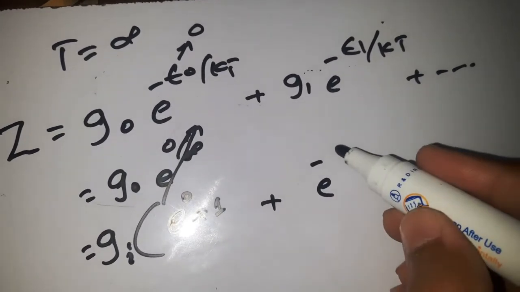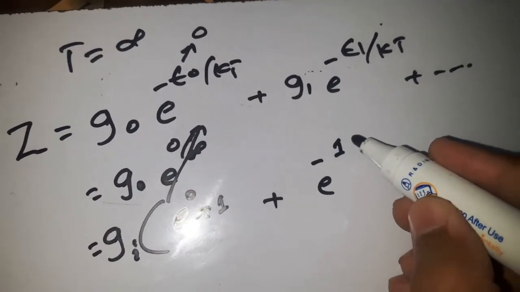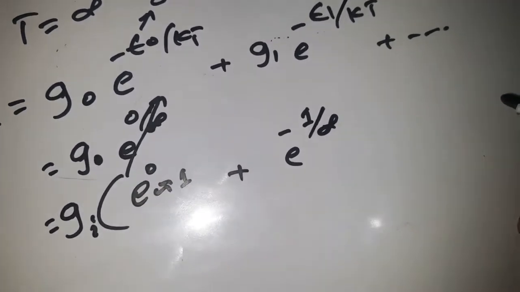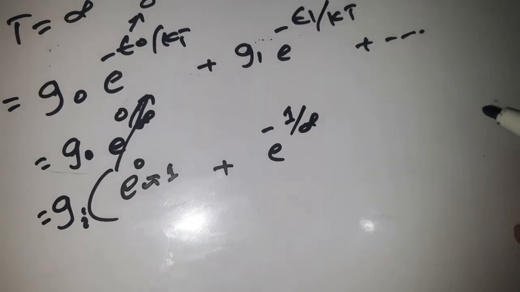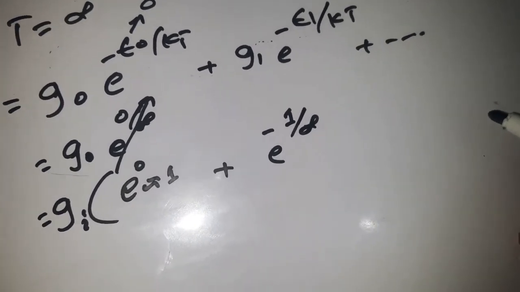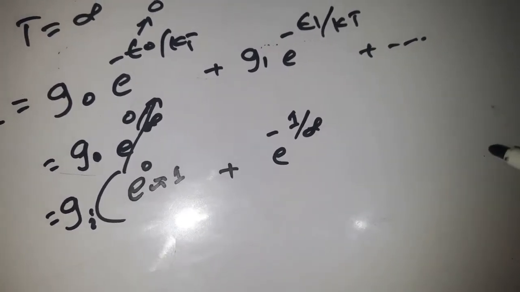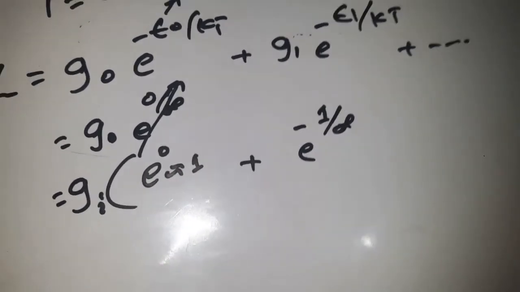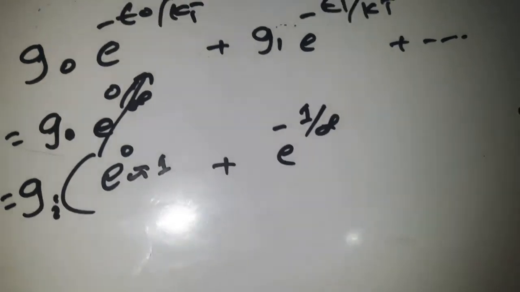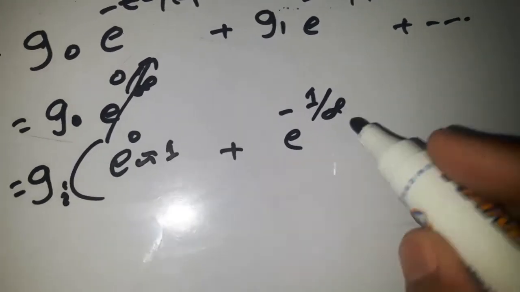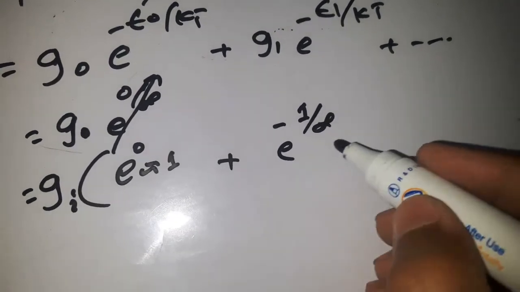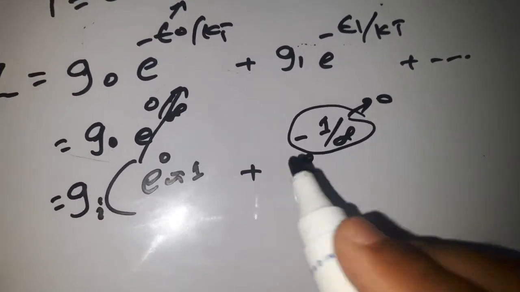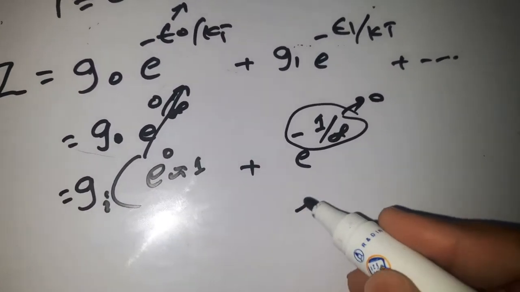Mathematically, if you divide any number by infinity, you get 0. So from this we get a 0 value, and we have e raised 0, which is 1, and so on.